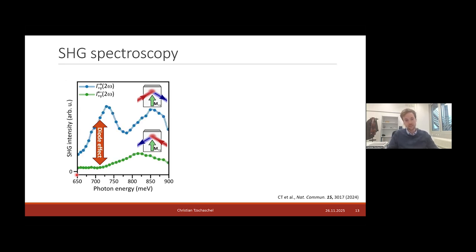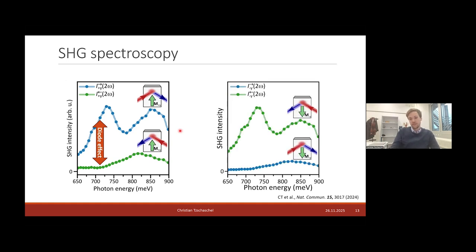And indeed, we find that we have a different SHG response in forward and in backward direction over a very wide spectral range. Actually, this is the whole range that was experimentally accessible. And also here we did the control experiment and reversed the magnetization, where we then find very similar spectra, but the order is changed.